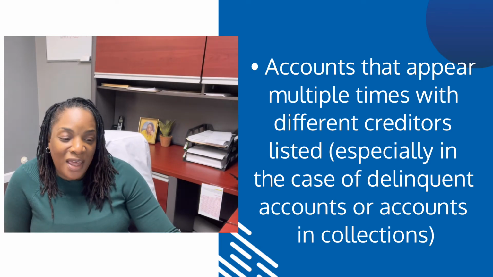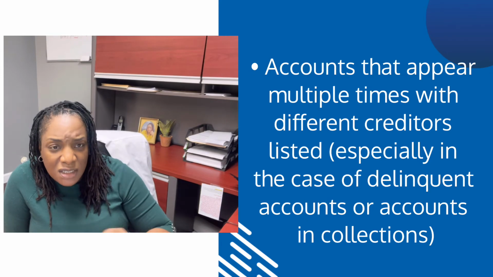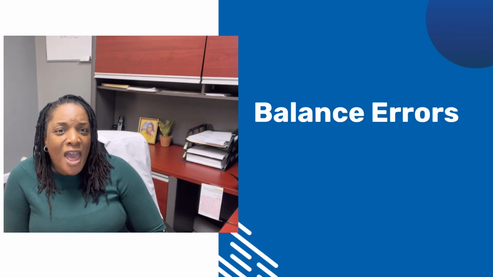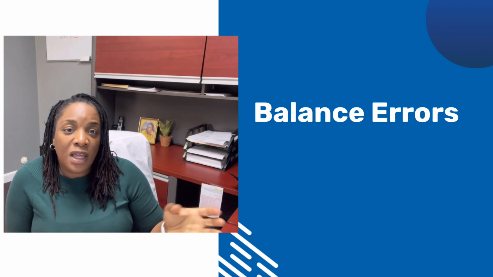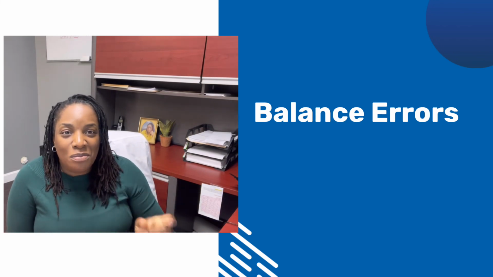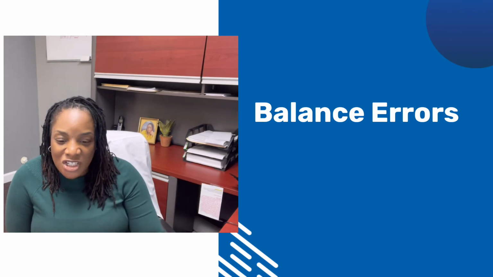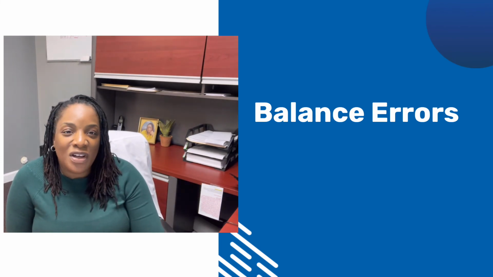Okay, and the last but not least thing to look for when attempting to dispute negative items off your credit report are balance errors. Everybody knows that if you have a closed charge off, it should not have a past due amount on that credit report. If it charged off at $500, it shouldn't say that there's a past due balance of $500.